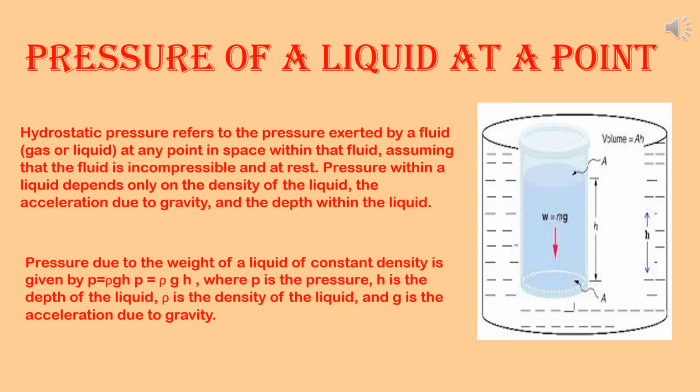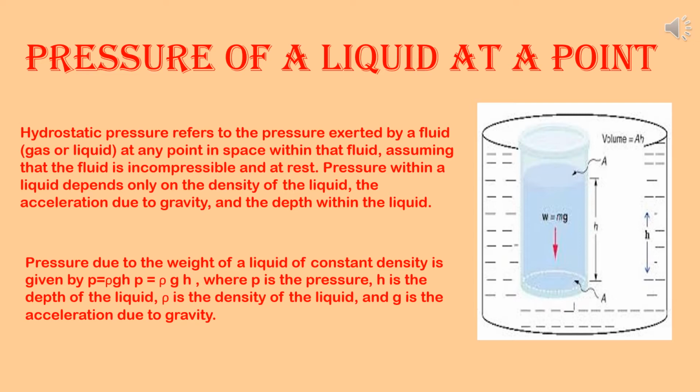Consider a horizontal area A containing the point P at a depth h below the surface of a liquid of density rho. Let us imagine a vertical column inside the liquid having base of area A. Thus, volume of the liquid column is equal to A into h. Mass of the liquid column is equal to A into h into rho.